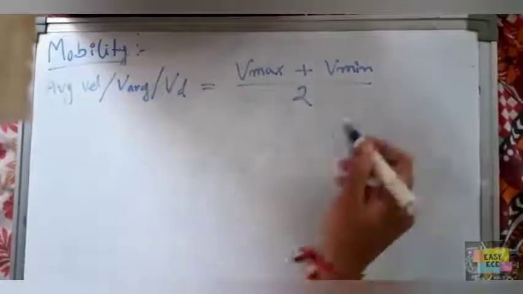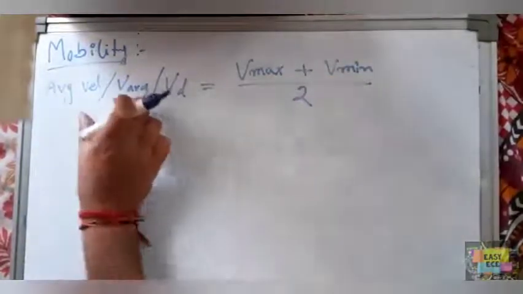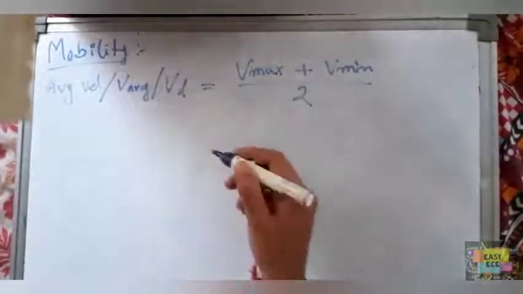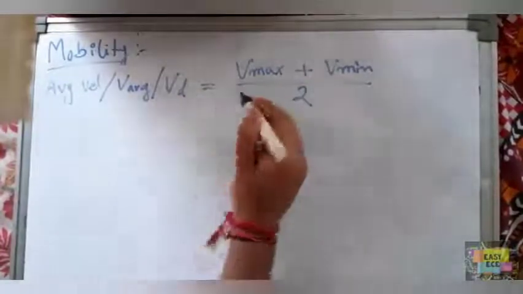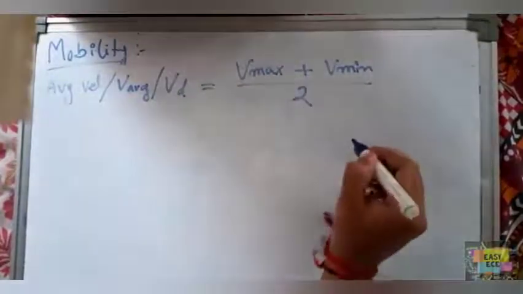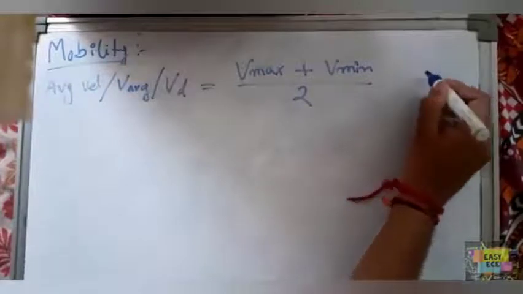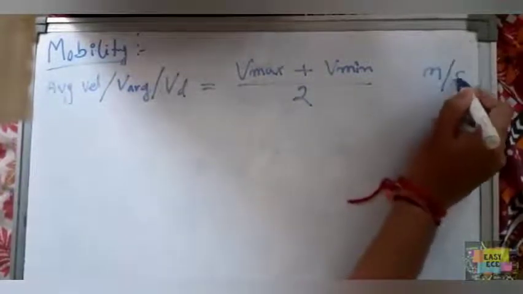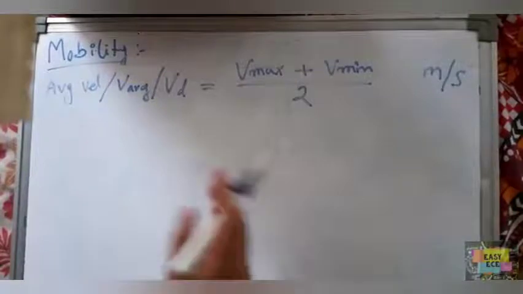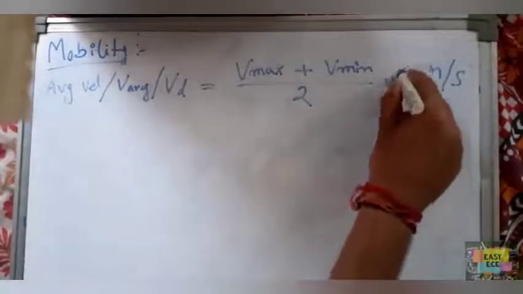This is the formula for getting the average. The unit is meter per second.